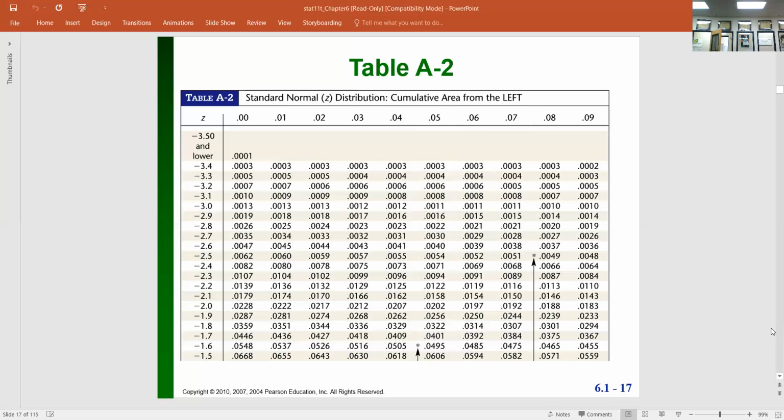We know that the standard deviation is 2.5. So we've got 63.6 inches. Remember the z-score, the number of standard deviations, is going to be x bar minus x over the standard deviation. The difference between the value of x and the mean divided by the standard deviation.